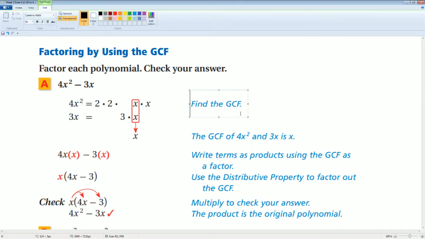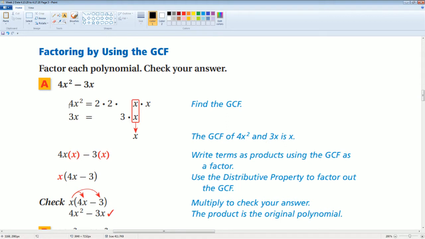So first of all, we're going to find the GCF. What they did is they just write out all the numbers. Factors refer to numbers that multiply. So 4, what are the numbers that make up 4 that multiply? 2 times 2. x squared is just x times x. Okay, they just wrote it out in expanded form. Same thing here, 3x, 3 and x. The GCF is the number that they have in common, so they use this red box to write out x.